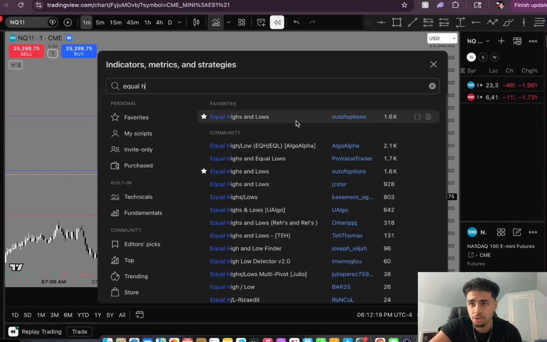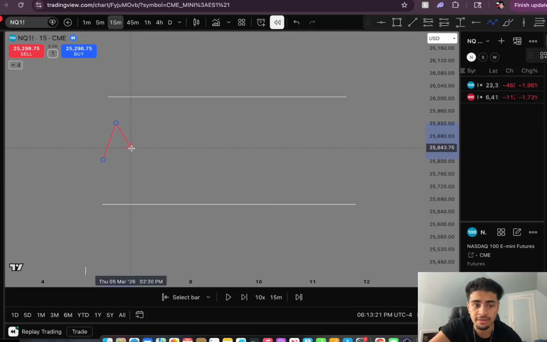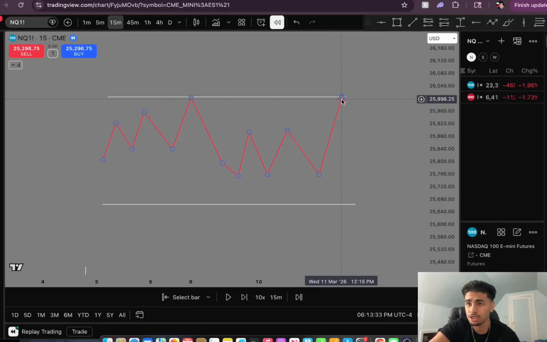Another important draw on liquidity, not for me, I don't really use this that much, but equal highs and lows, the market's usually drawn to them. What is it? I'll show you. So an equal high or low is whenever you have the market literally moving and it perfectly touches an exact point, and this would be an example of an equal high because the market was engineered to this exact price.